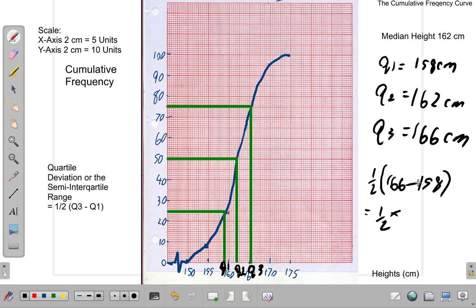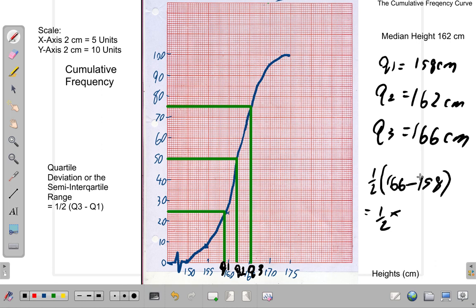Half of 166 minus 158. So that goes to half of 8.